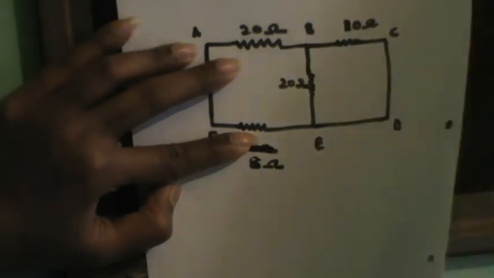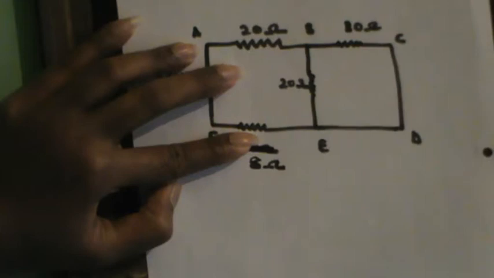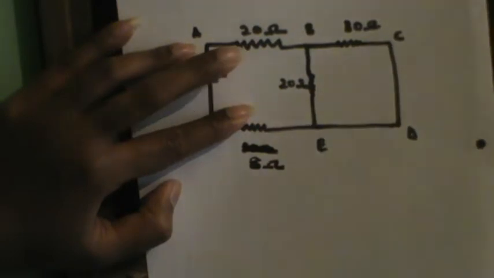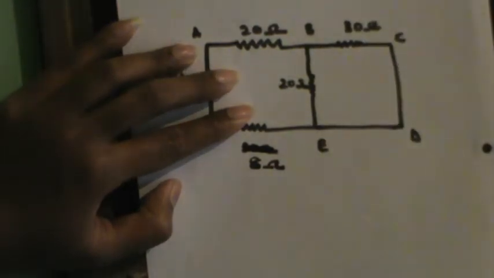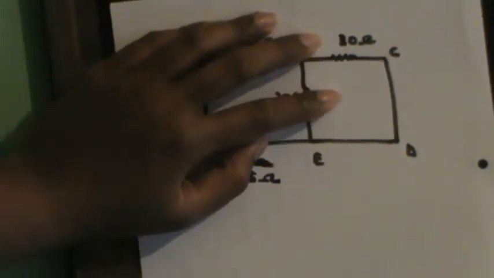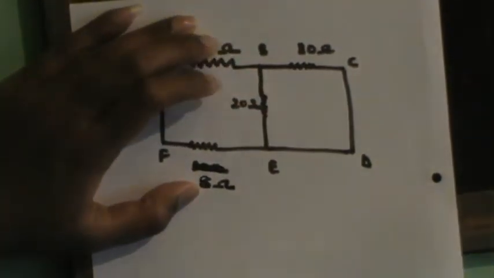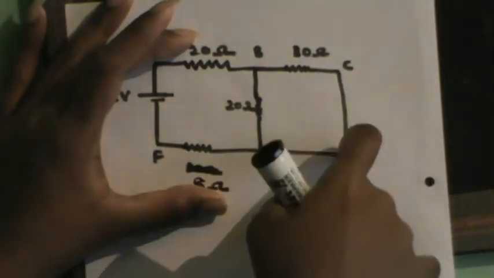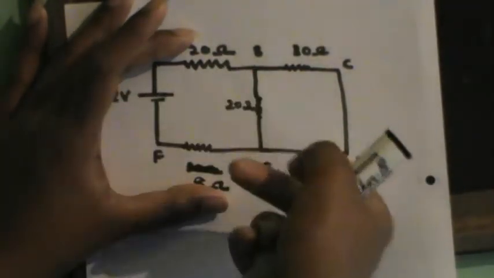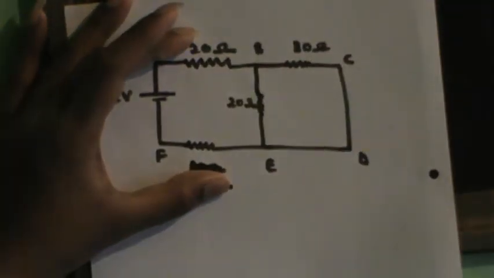So always remember to apply Kirchhoff's rules, either the first rule or the second rule, in only a selected direction. If you put this in the clockwise direction, there's no law that says you can't put the other in the counterclockwise direction. You can put them in the same direction, both clockwise, or one clockwise and the other counterclockwise.